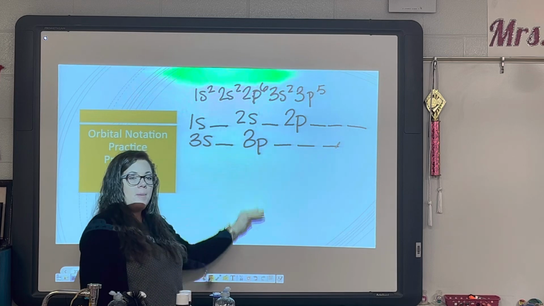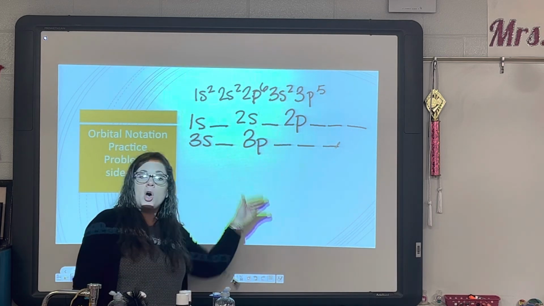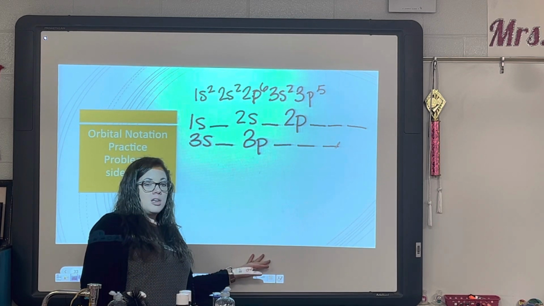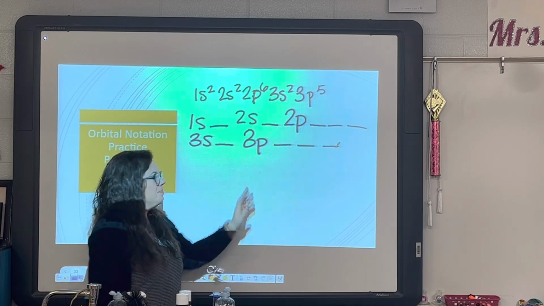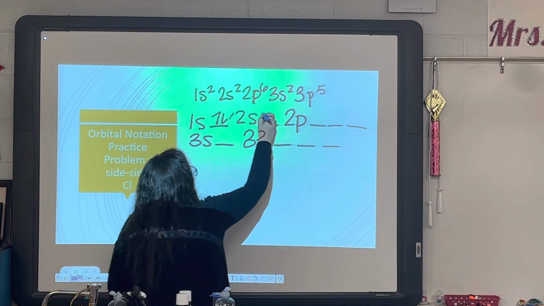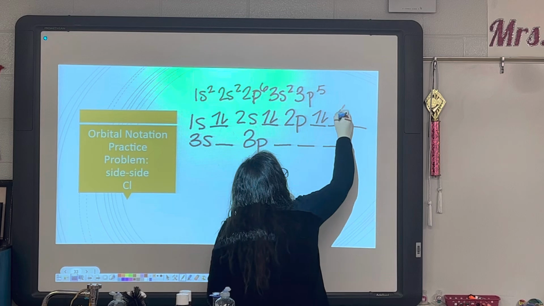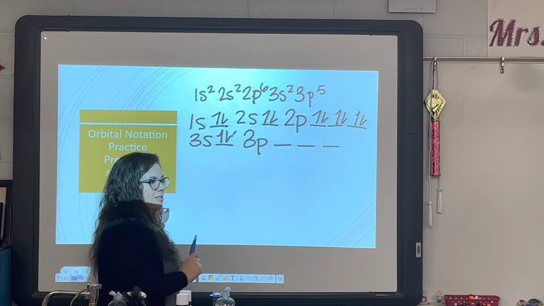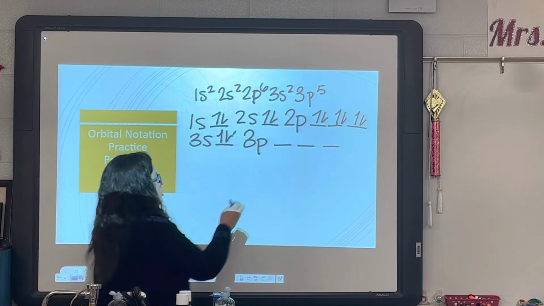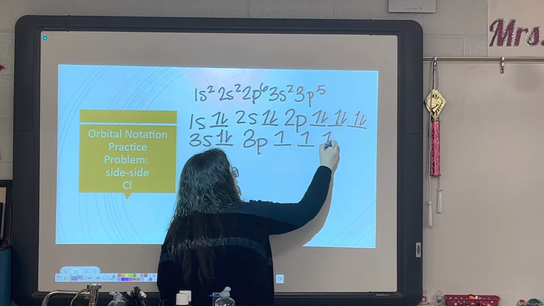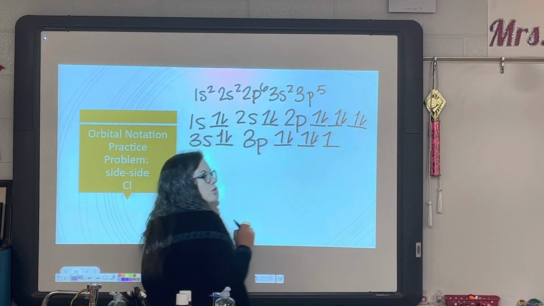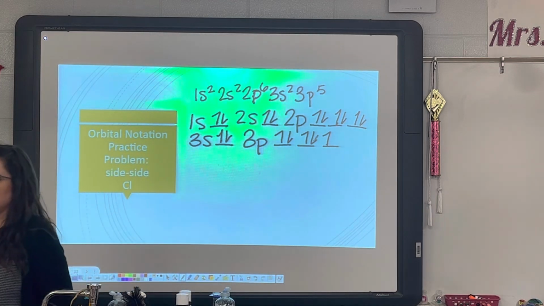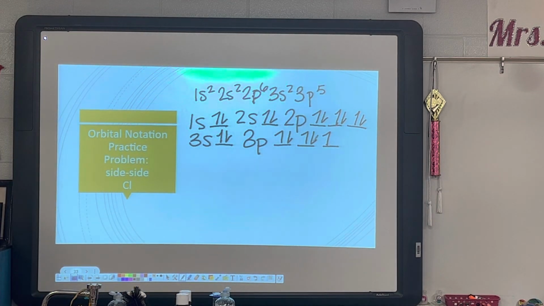Because if you do it the up and down way, you need to show that the lowest energy level is on the bottom, not on the top, okay? So now we would fill in our electrons all the way to the very last sublevel. And then how many is in my last sublevel? 5. So I would do 1 in each, and then I could go back and double 2 of them to get 5. Okay? Questions about orbital notation?